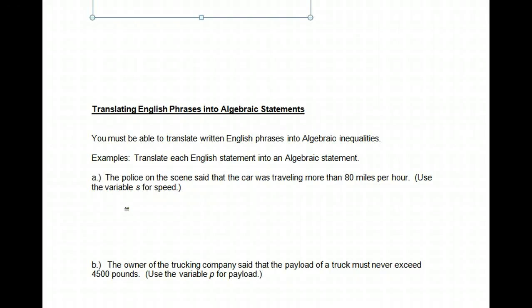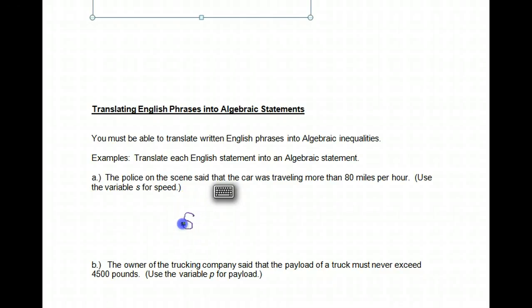The police on the scene said that the car was traveling more than 80 miles per hour. Use the variable s for speed.